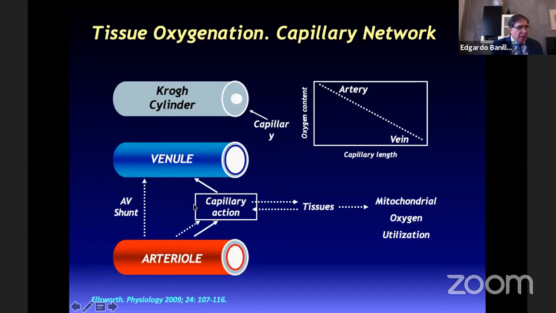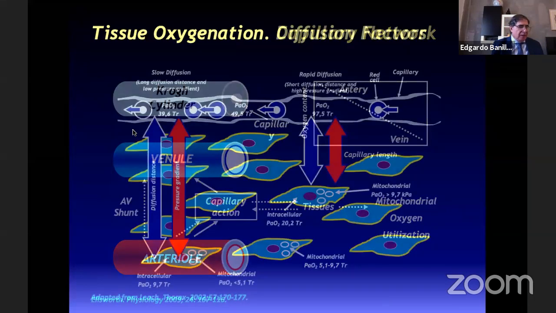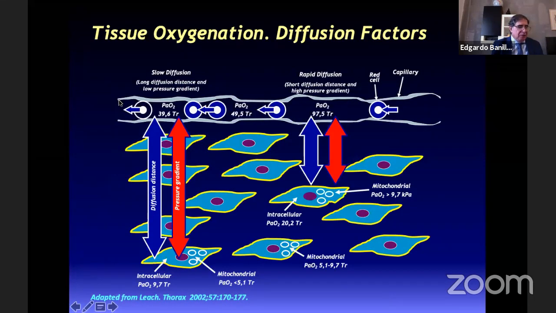For example, in a shock state, oxygen delivery takes place not only in a capillary, but also within arteries and veins through diffusion and convection mechanisms. When it comes to oxygen diffusion, the capillary density and the distance between erythrocytes and cells is as important as the flow.